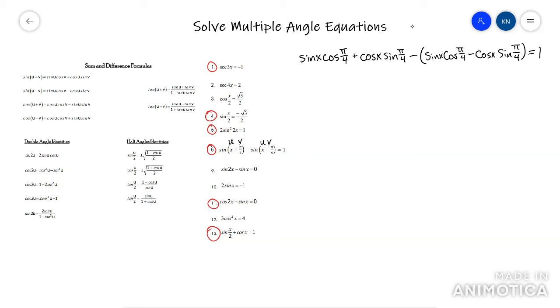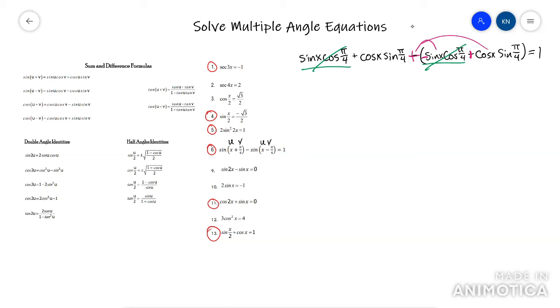All right, now I'm going to distribute this minus sign to both of these things. So it's going to become a plus here, a negative there, and a plus there. The reason this is important is because now, if you look at it, these are like terms that will cancel.